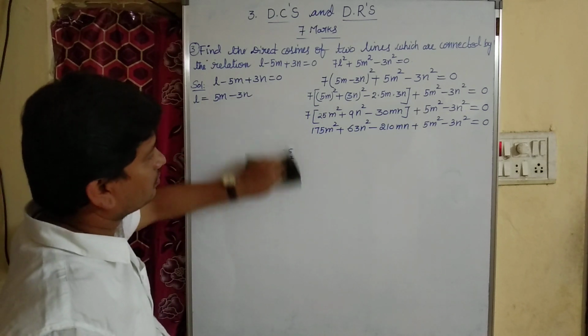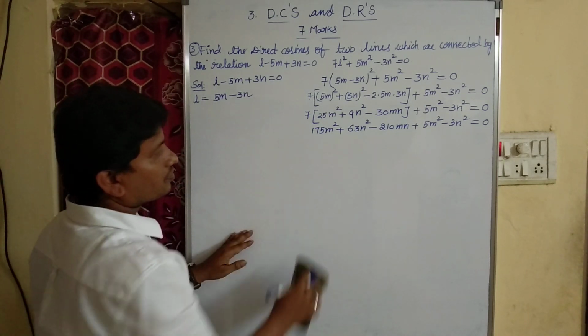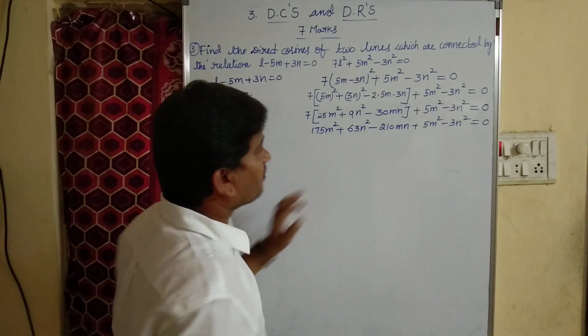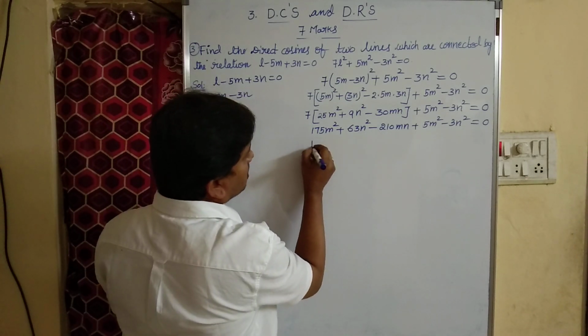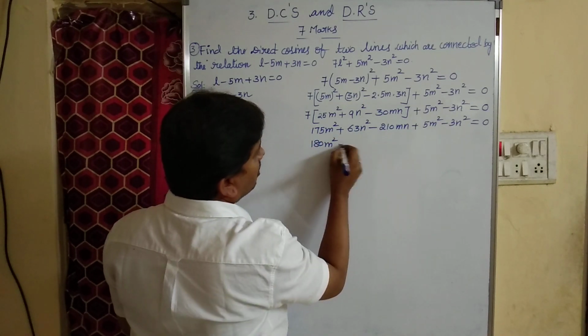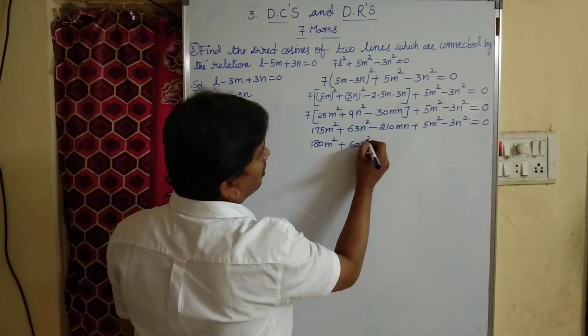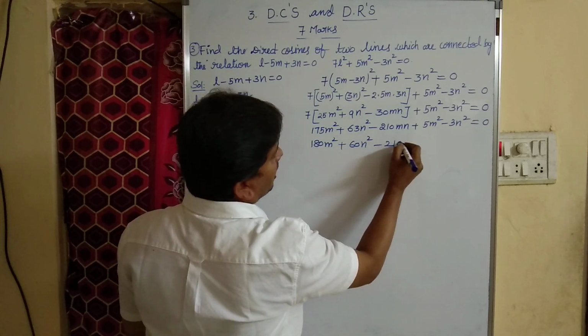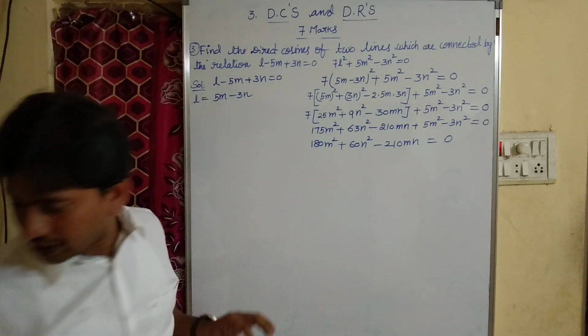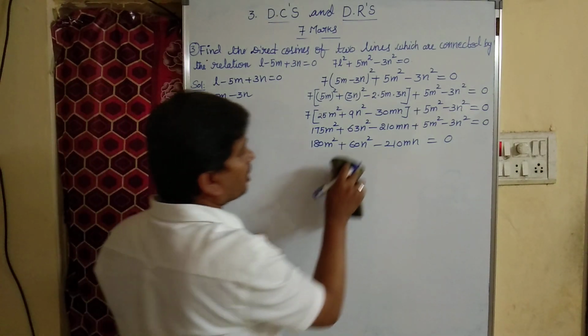Right? Now here we have 175 m square and here we have 5 m square. 175 plus 5 is 180, 63 minus 3 is 60, minus 210 mn equal to 0. Okay children, first let us write 210 mn in between.